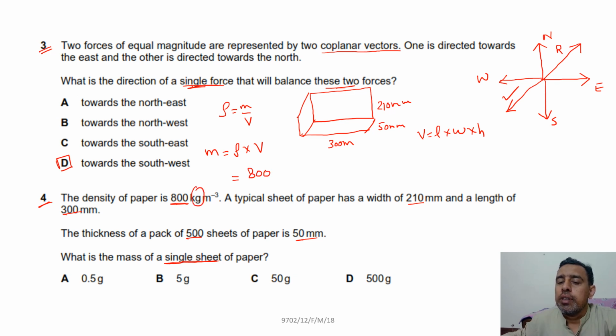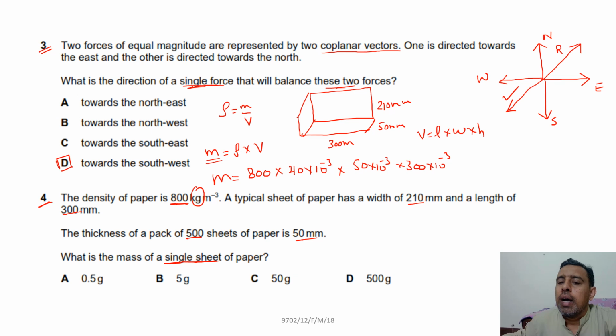If we convert all these units to the standard SI units, then it will be easier, but the mass will be in kilogram, and then we will convert into grams because the answers are in grams. So to get the volume, we have 210 into 10 to the power minus 3, 50 into 10 to the power minus 3, and 300 into 10 to the power minus 3.